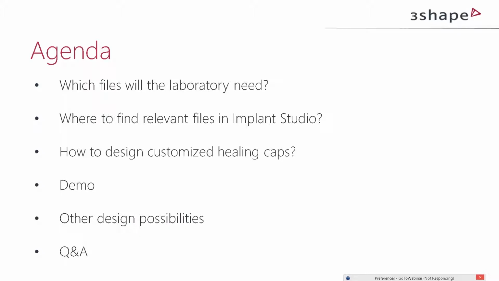If for any reason you can't use 3Shape Communicate, I will also tell you how this could be handled differently. So, where to find the relevant files in Implant Studio for the laboratory.